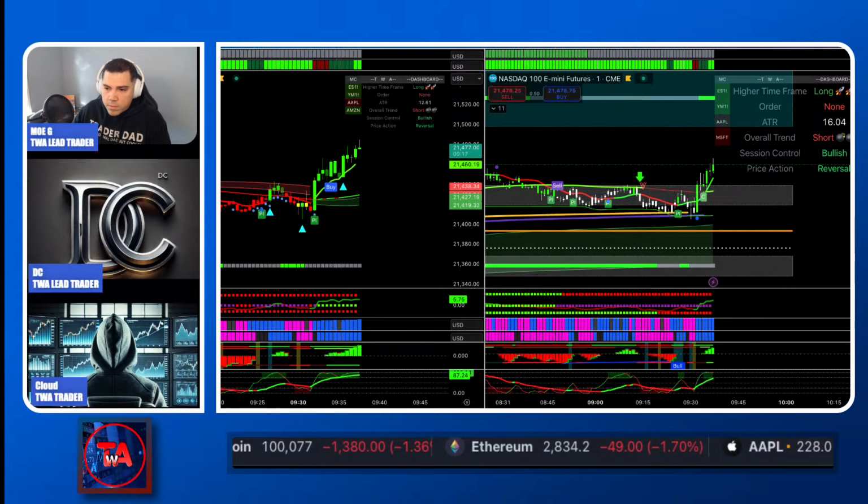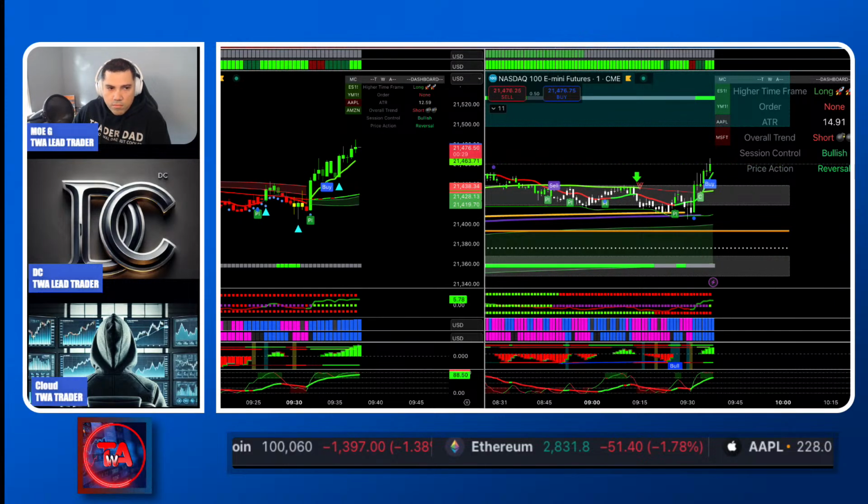If we get to that London high up there, I am going to take another trim. I like it.